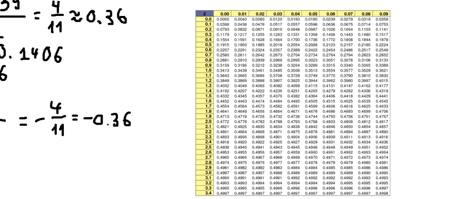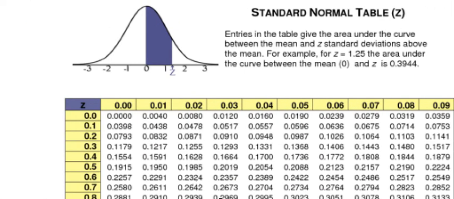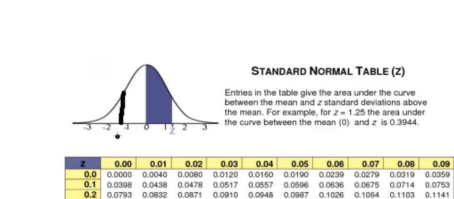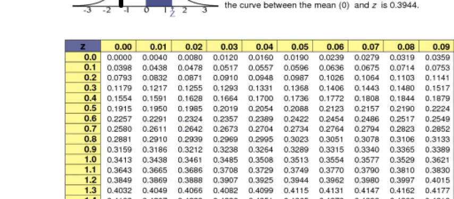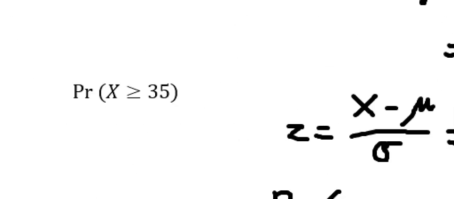So we go back to this table in here. We know that this one is symmetric. So if we find the probability on the right, you also find the probability on the left in here, because they have the same value. So because they start from negative 0.36, we need to find the positive 0.36, and we have 0.1406, because the probability is greater than or equal to 35.